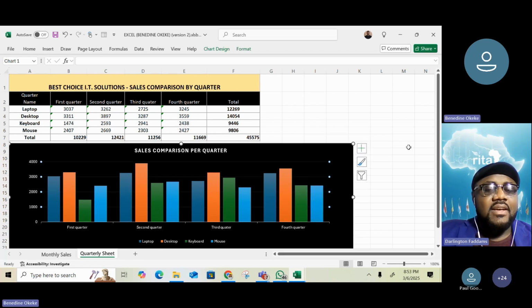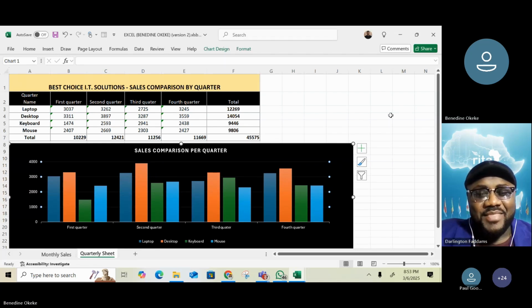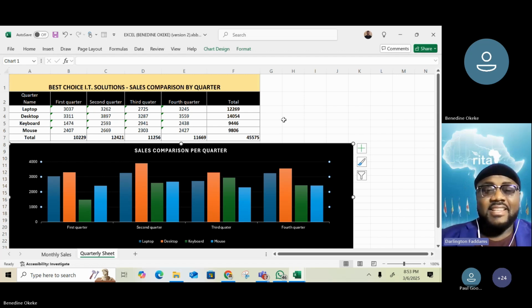For each quarter, we are doing the comparison, and we are comparing the first quarter to the second quarter, and then to the third and to the fourth. So this is what we call column charts among many categories. We call them clustered column charts. So that is it. Well done.